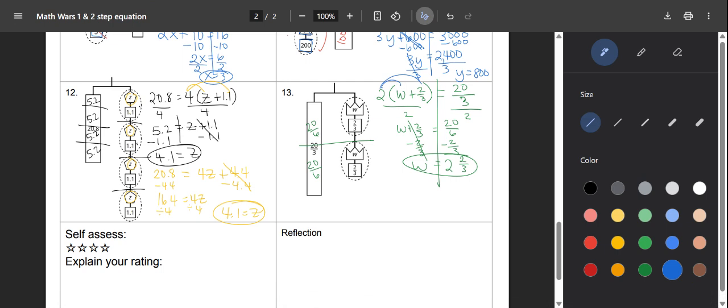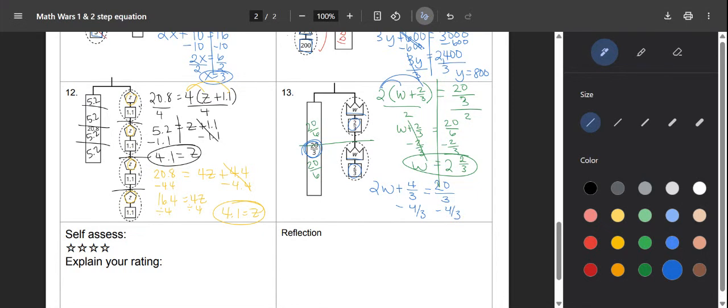Could you distribute and solve it that way? Absolutely. How many W's do we have? 2 of them. And then I've got 2/3 and 2/3. That makes 4/3. And it's still equal to our original starting amount of 20/3. So I'm going to take 20/3 and I'm going to subtract away 4/3.